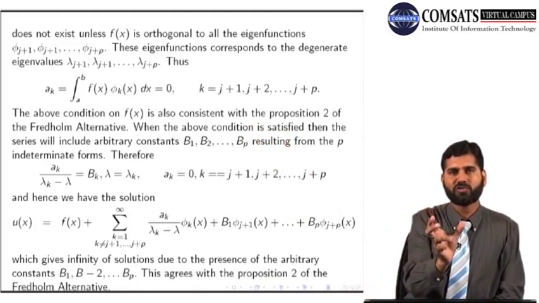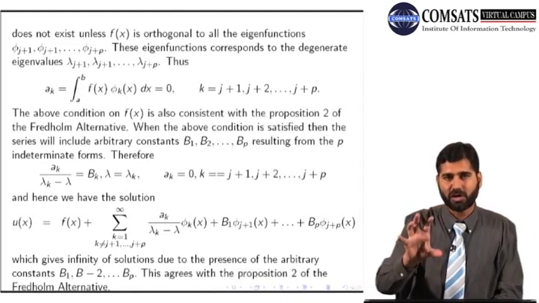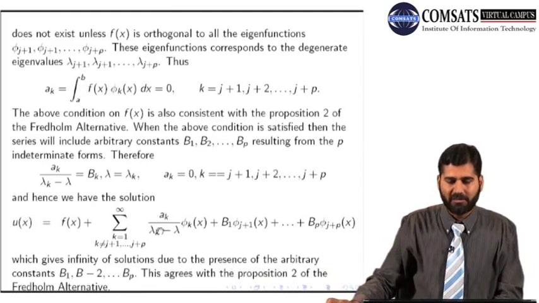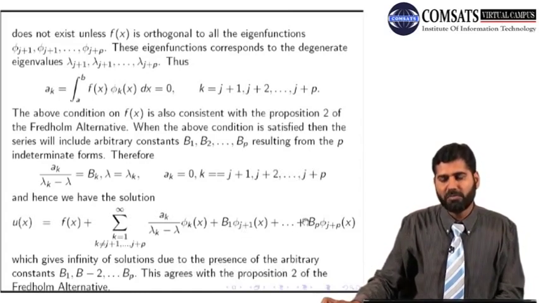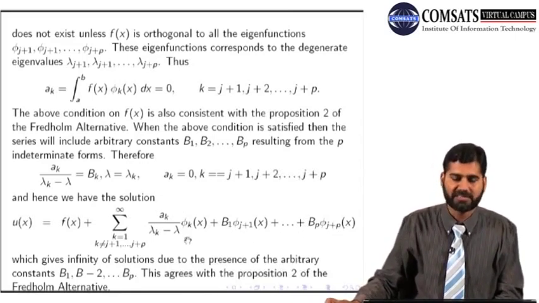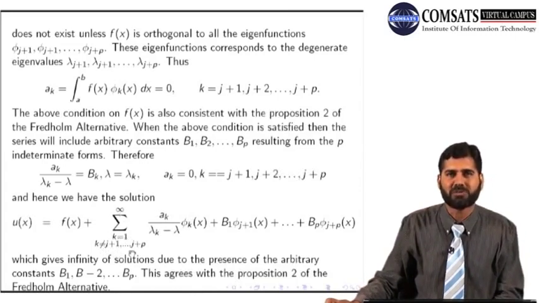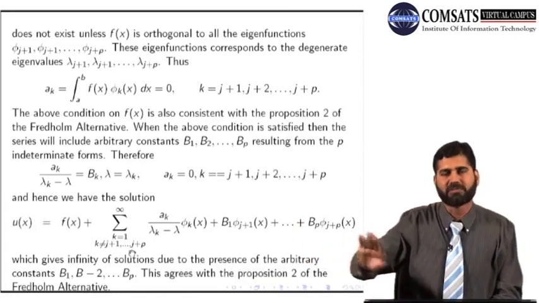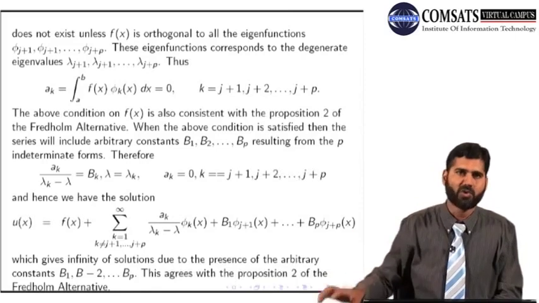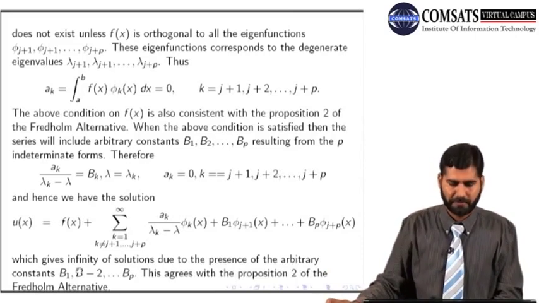We ignore those values of k from j+1 up to j+p, because for those values our coefficients are not a_k over lambda_k minus lambda, our coefficients are b_k. So we write b1 phi_{j+1}(x) up to bp phi_{j+p}(x). We separated these eigenfunctions from the series, so the sum is over k from 1 to infinity where k is not equal to j+1, j+2 up to j+p.